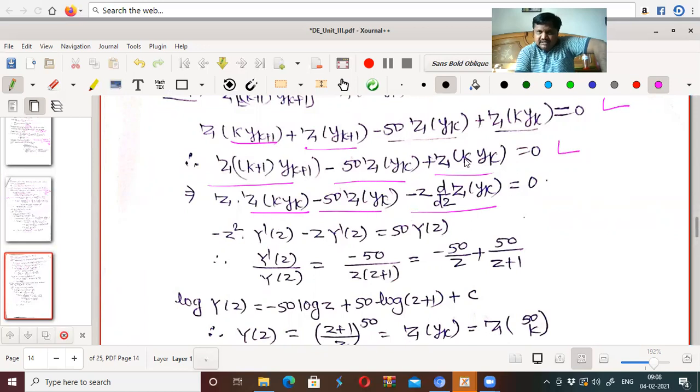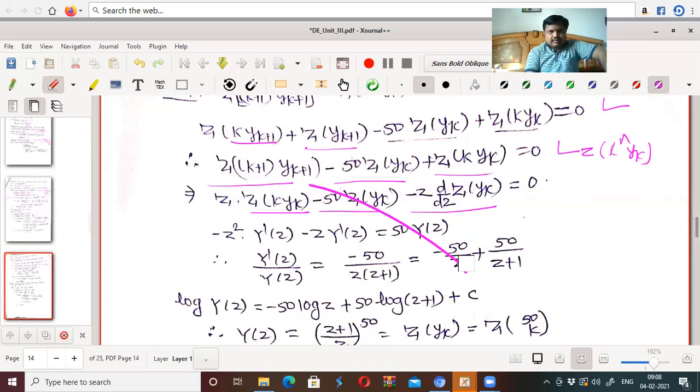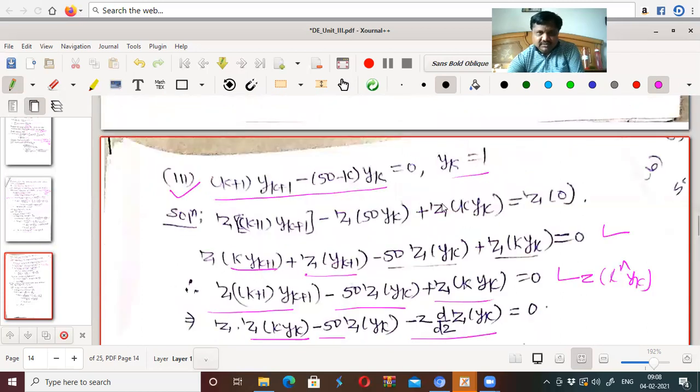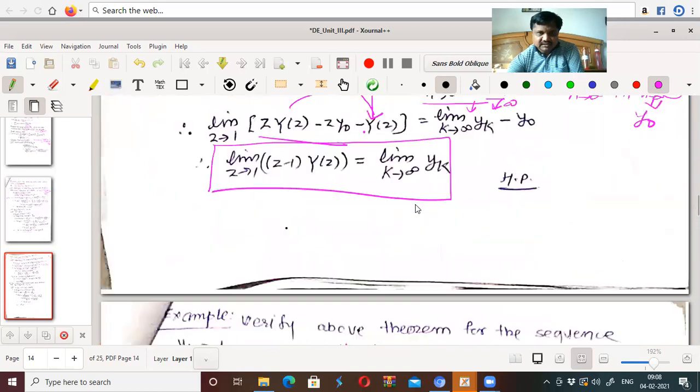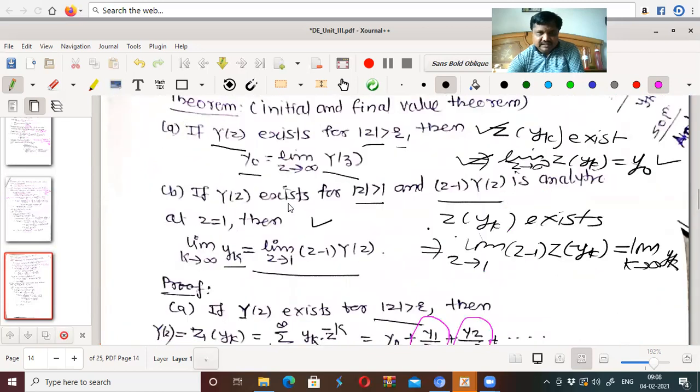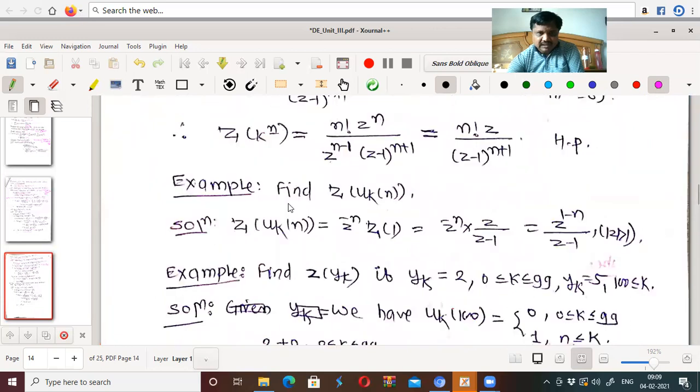We also have the formula for Z transform of k raised to n into yk.